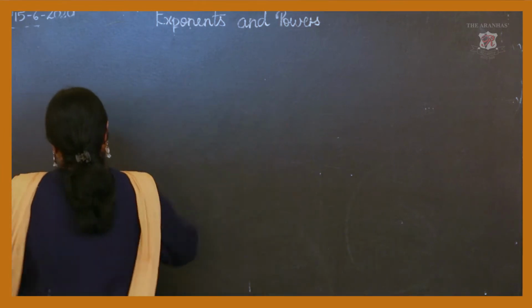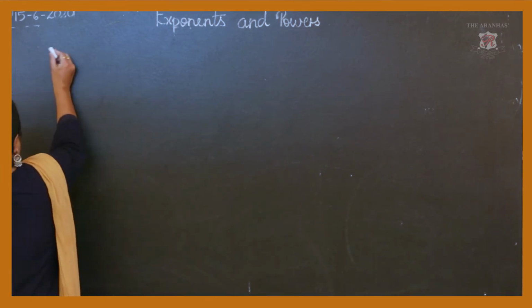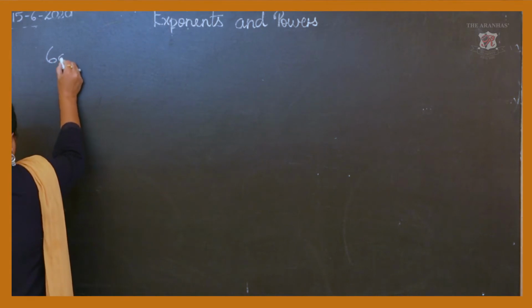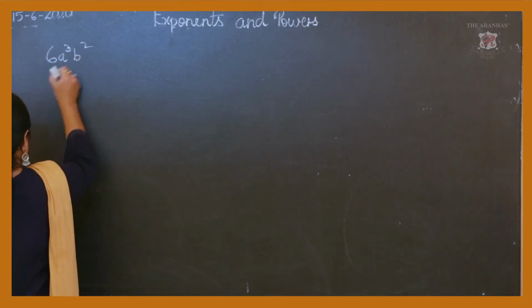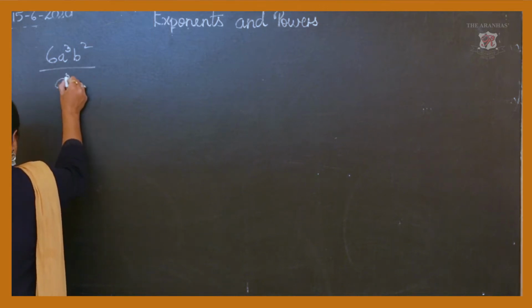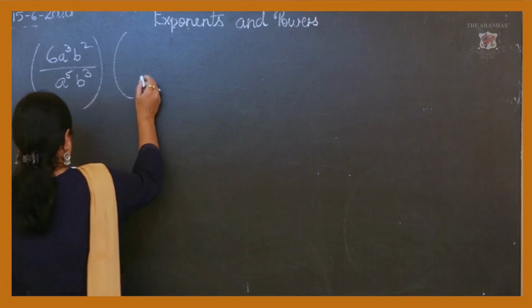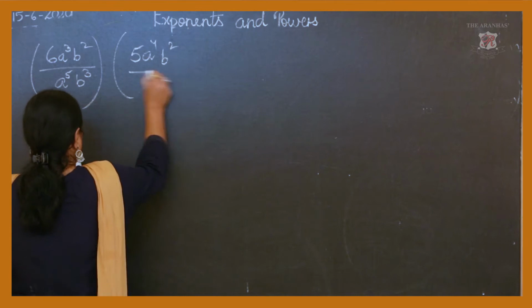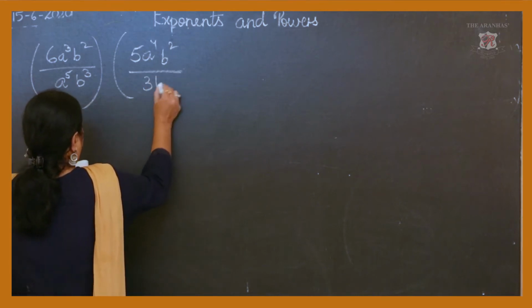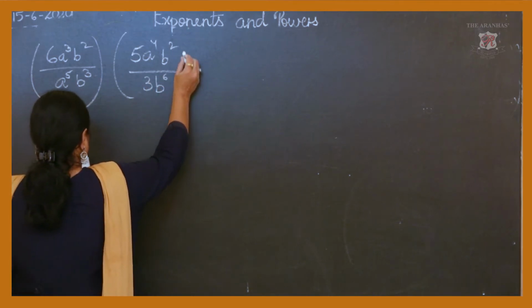Okay, so now over here we have a sum: 6a cubed b square upon a to the power of 5 b cubed, and 5a to the power of 4 b square upon 3b to the power of 6.